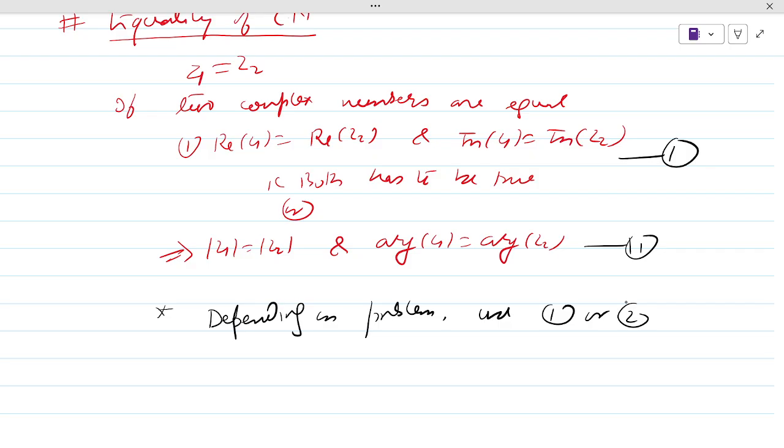Okay, and let's talk about the inequality of a complex number.